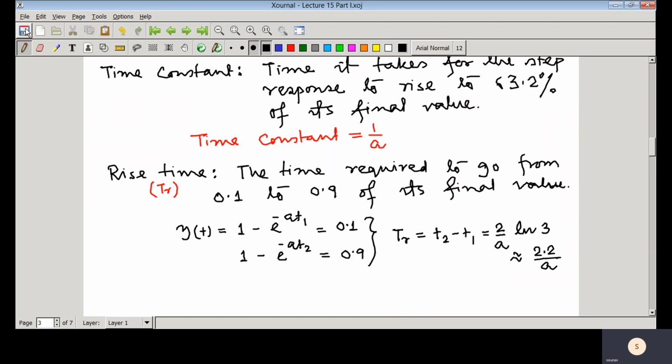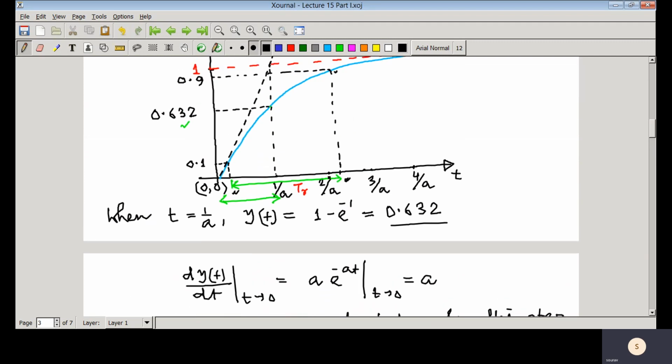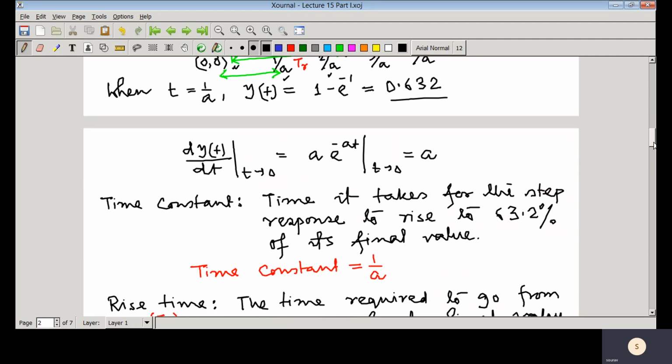So that means here you can see that this is 1 by a and this is 2 by a, so it takes a little bit more than double the time constant, and this is called that rise time.